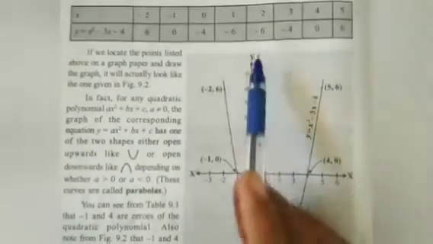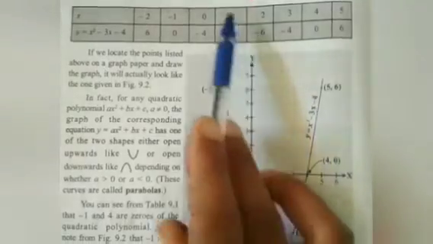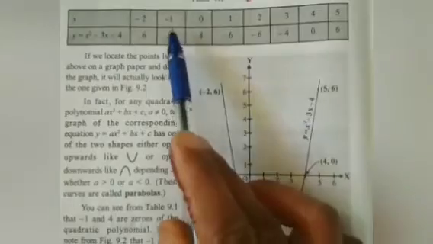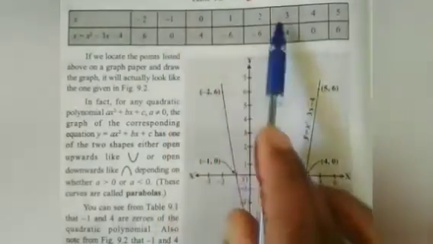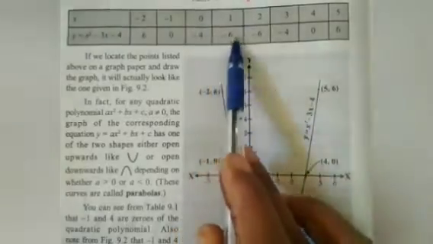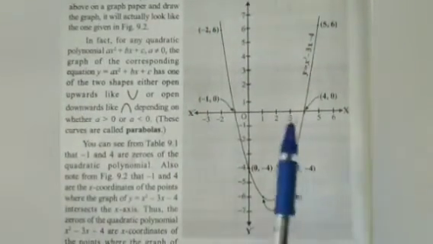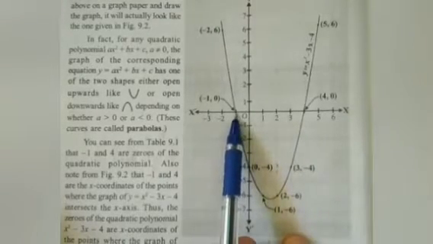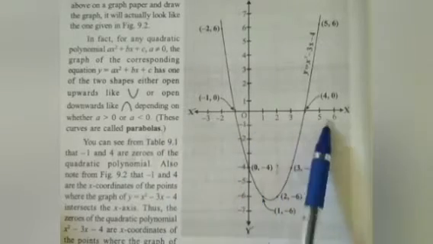You can see table 9.1. Dear students, observe this table 9.1. Here minus 1 and 4 are zeros of the quadratic polynomial. You can look at the figure and observe minus 1 on the left side and 4 on the right side.